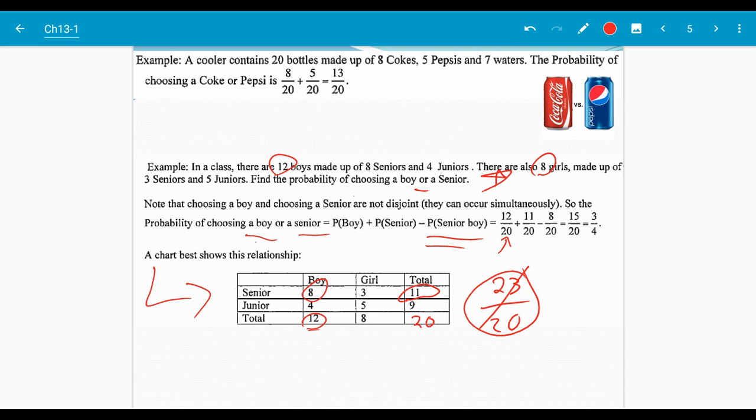We had said 12 plus 11 was 23. 23 minus 8 is 15. And to show off our math skills, we reduce this here to 3/4, even though I said yesterday that's not an emphasis of this unit for us.